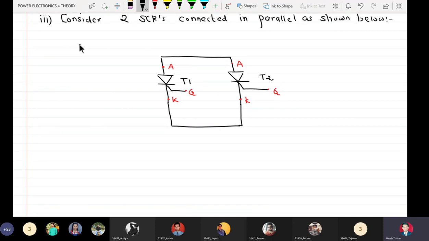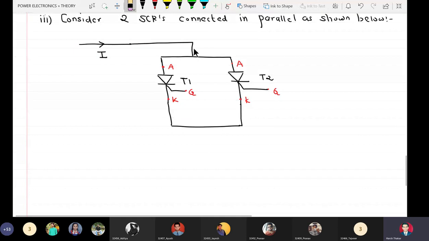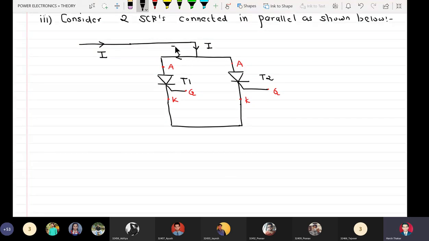And we have some current I which exceeds the current rating of a single SCR, and if you want to conduct this, then it can be divided into two parts by having it flow through two SCRs connected in parallel. Okay, so here I will get divided as I1 and I2, and it will ultimately return.